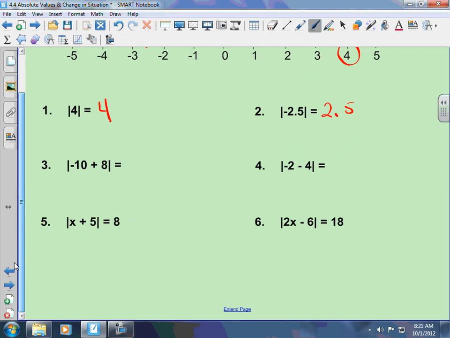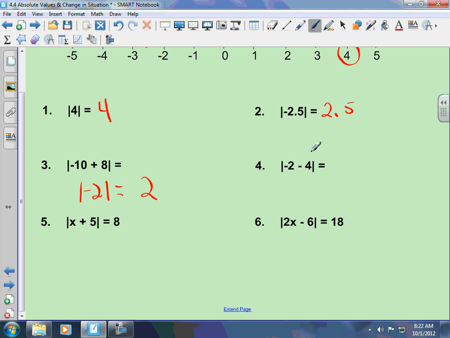Now, when we simplify absolute value, what is negative 10 plus 8? Negative 10 plus 8 is the absolute value of negative 2. What's the absolute value of negative 2? Positive 2. Now, on your calculators, I'll show you this, there is an ABS button. Does everybody see the ABS button? In the upper left, it says ABS. Push the ABS button.